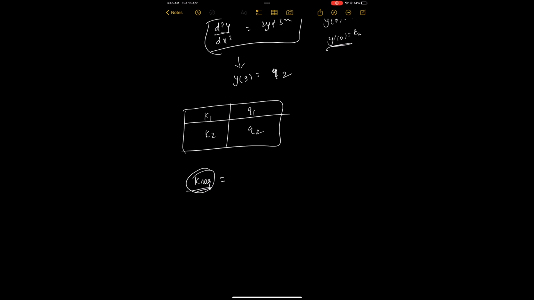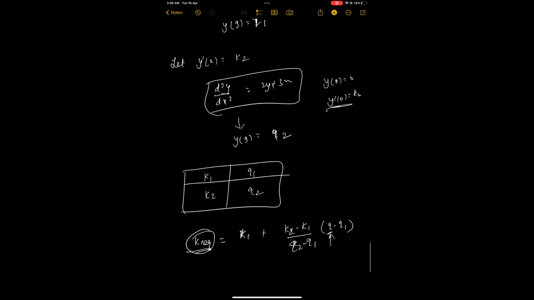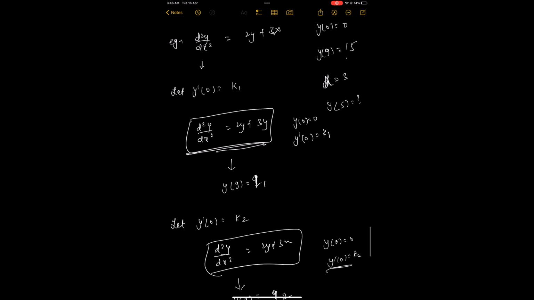Now the k required, what we have to assume, is given by a formula: k equals k1 plus (k2 minus k1) upon (q2 minus q1) into (q minus q1). Here q is the required value, that is 15.